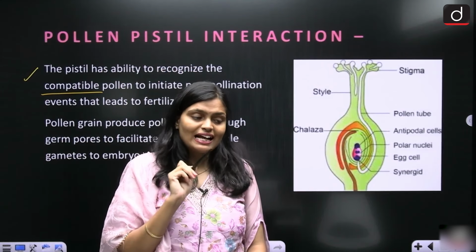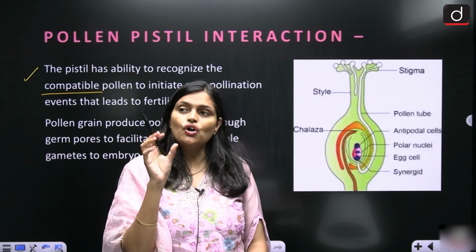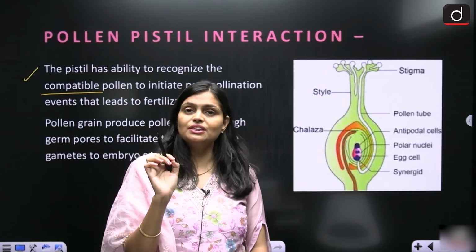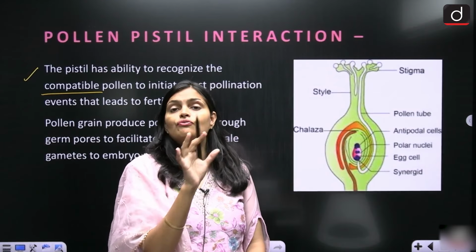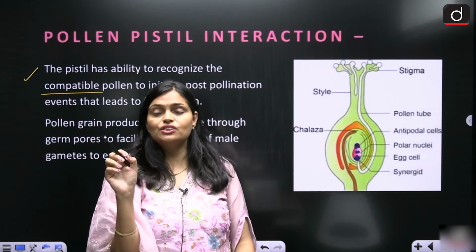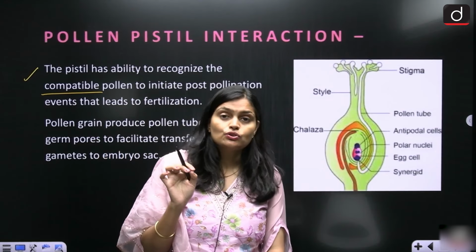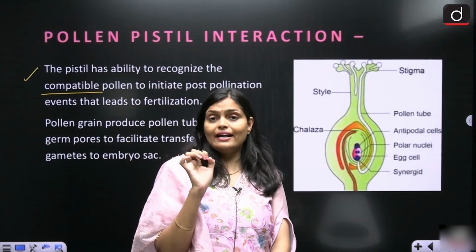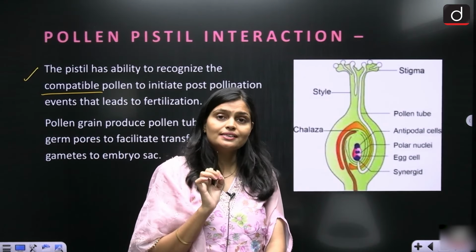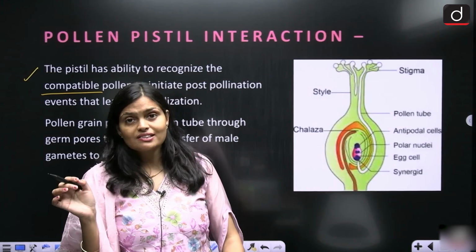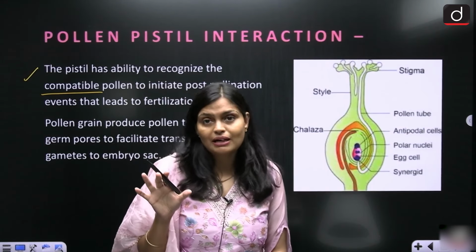The stigma has the capability to recognize whether the pollen is coming from the same species or from another species. Suppose a pollen reaches a rose flower. The rose flower stigma has the capacity to identify whether it is coming from a rose plant or from a sunflower. This is the capability the stigma has.